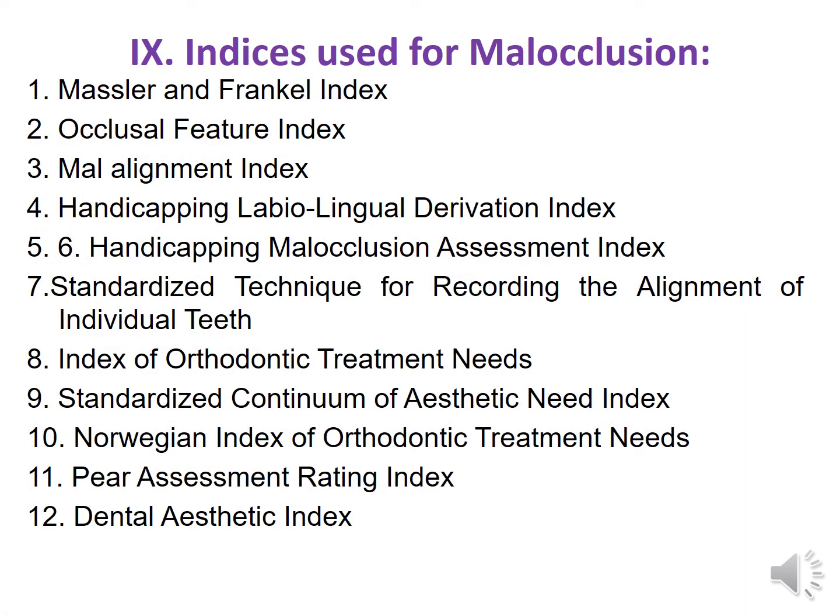Okay, indices used for malocclusion. We have Massler and Frankel index, occlusal feature index, malalignment index, handicapping labiolingual deviation index, handicapping malocclusion assessment index, standardized technique for recording and alignment of individual index, index of orthodontic treatment needs, IOTN, this is very much used, standardized continuum of aesthetic need index, Norwegian index of orthodontic treatment needs, peer assessment rating index, and dental aesthetic index.